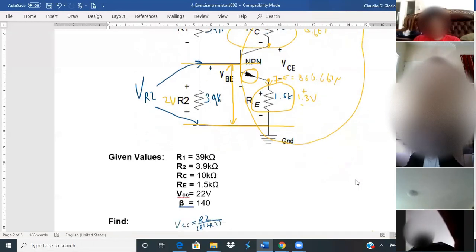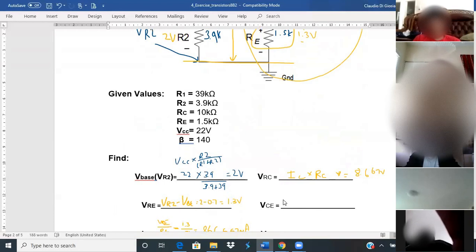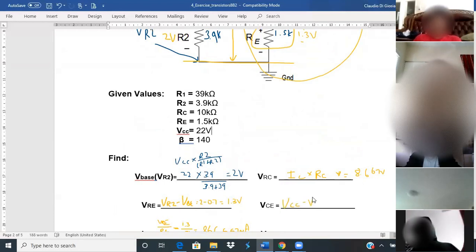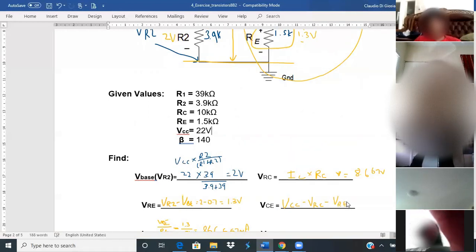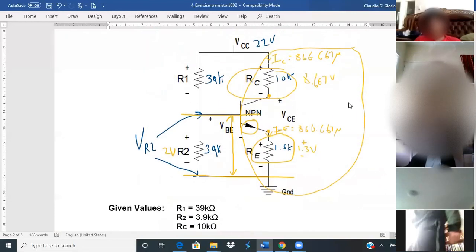So how do we get VCE? We're going to take VCC, subtract VRC, and subtract VRE. So we're going to take 22. We're going to subtract 8.667. And we're going to subtract 1.3 as well.